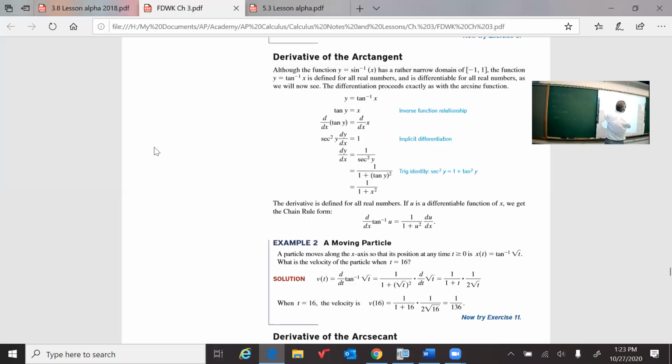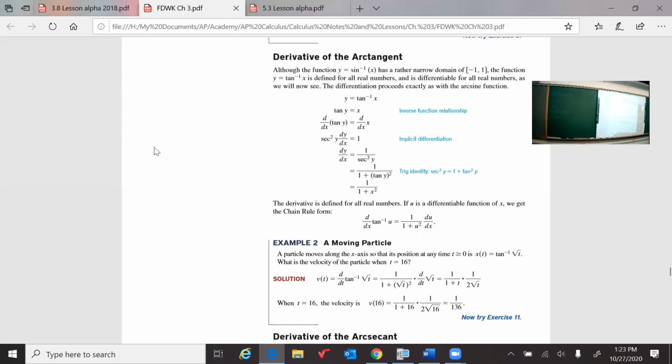Then what? Well, tan is x. So you just get 1 plus x squared. And if we have a mu, you would have 1 divided by 1 plus mu squared times d mu dx.